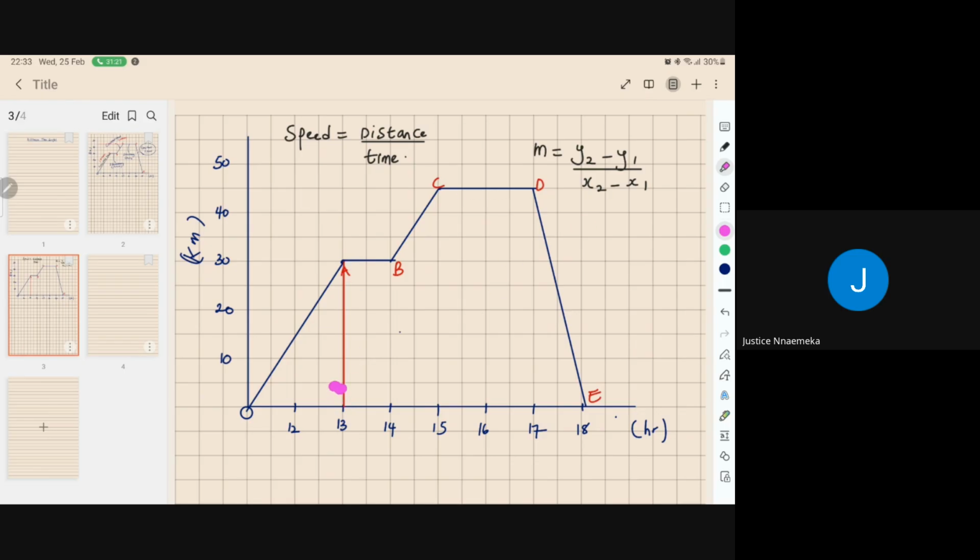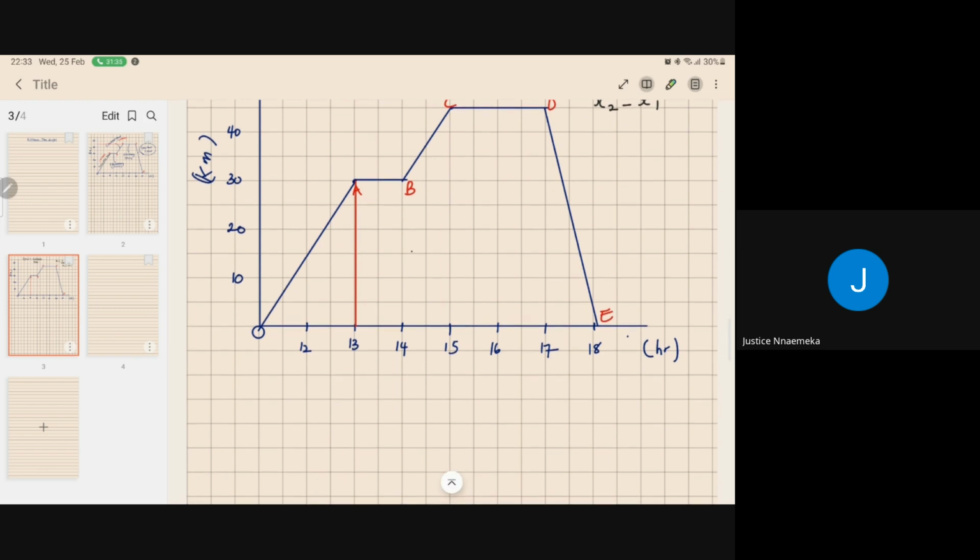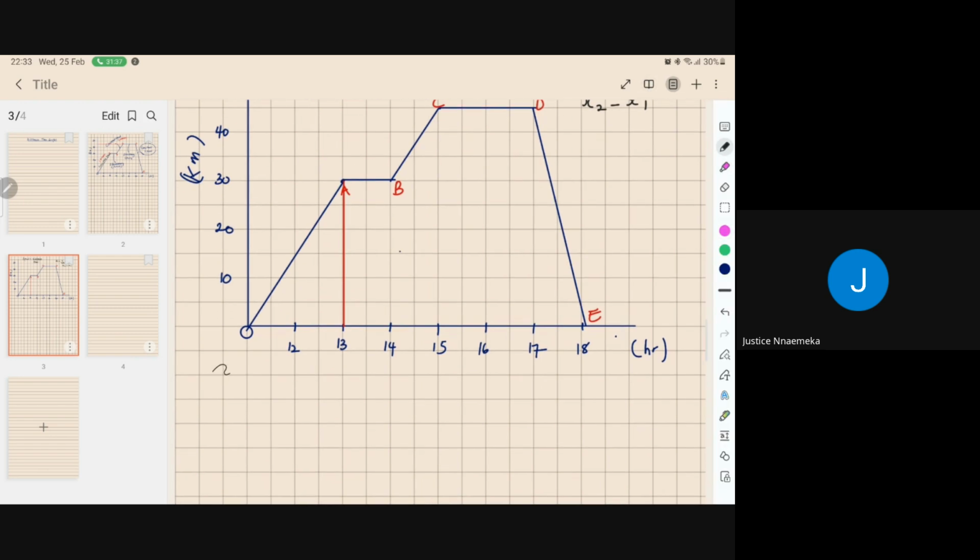So let's first of all estimate this very one and see what the gradient is for the distance traveled from 0 to A, for the journey 0 to A. So for that journey 0 to A, we have that the speed is equal to, now trace your value.